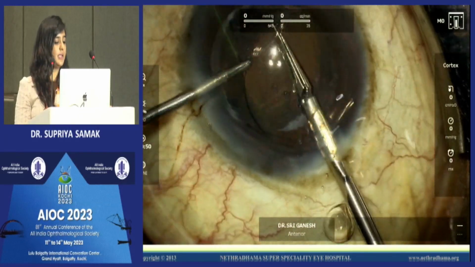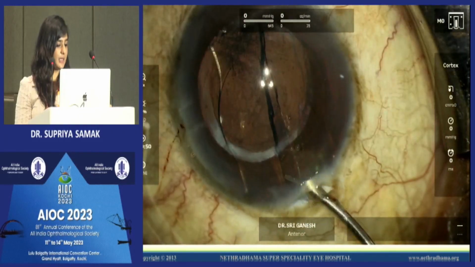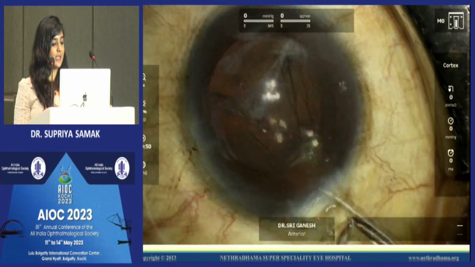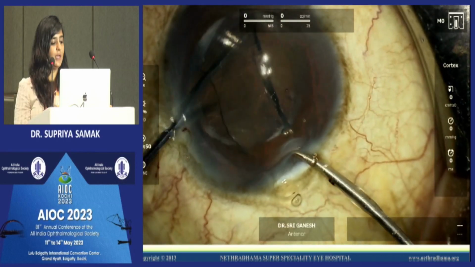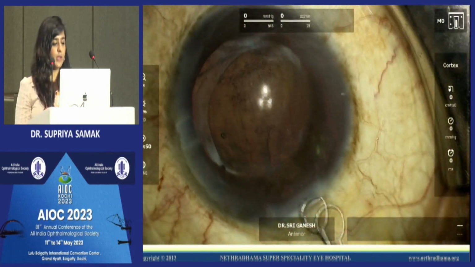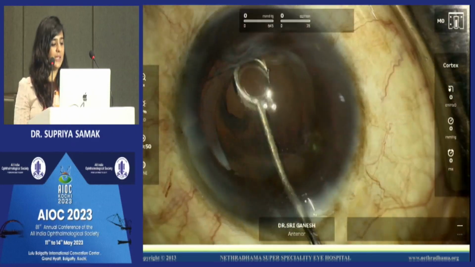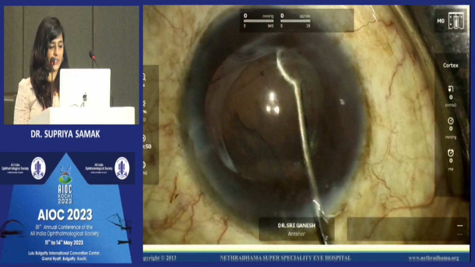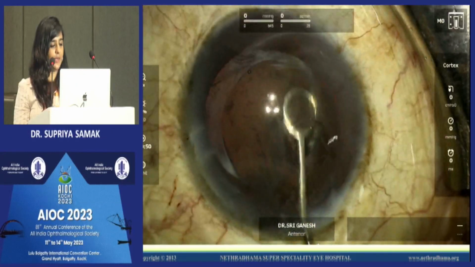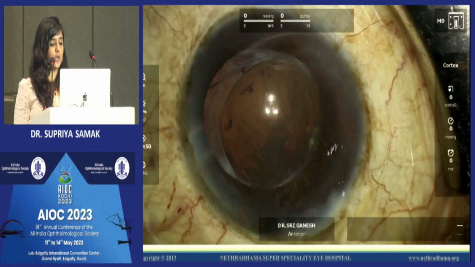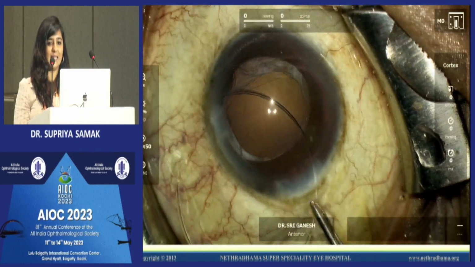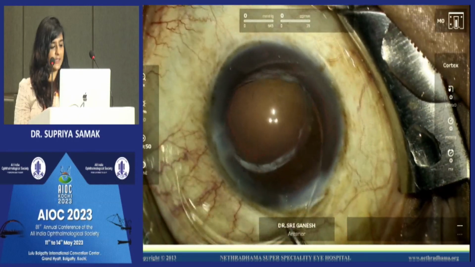But here, once the IOL is cut, it's cut completely into two halves. You can see that while pulling out one half, there's a ZD that is seen. So after explantation, the PC is cleaned with a Nightingale polisher because there was a dense PCO there. So it's cleaned neatly with a Nightingale polisher, after which a CTR is implanted to deal with the ZD there while explanting the lens.